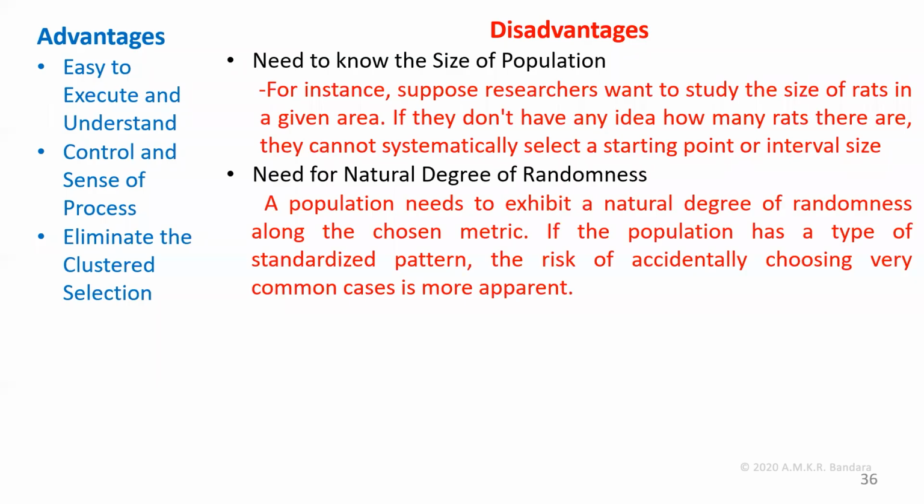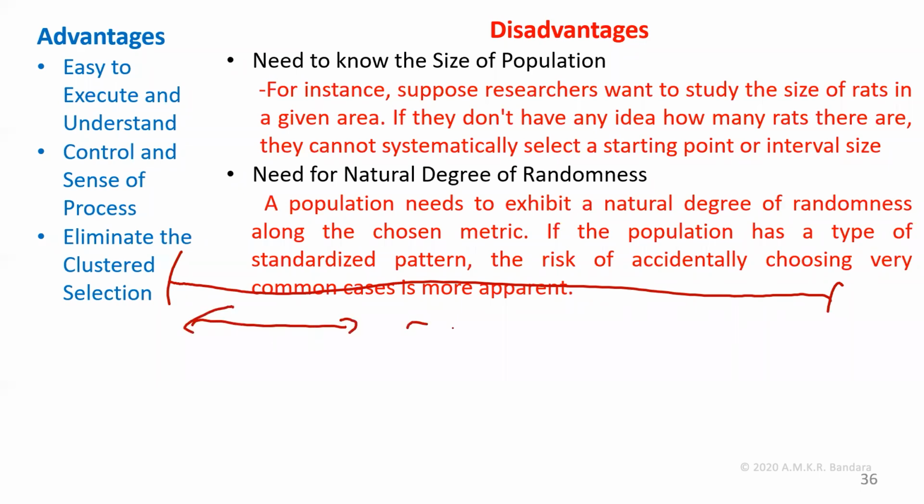Assume that when we are implementing this systematic sampling, individuals in the population appear according to a particular pattern. Then this sampling method will not represent the population. For example, assume in your class, students are sitting according to a particular pattern.